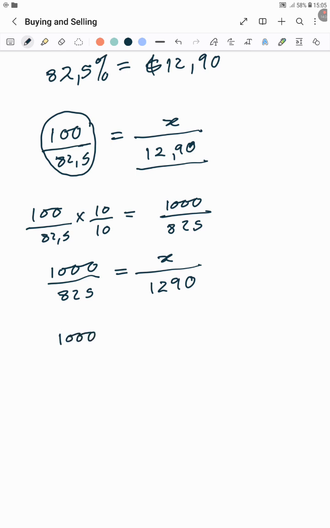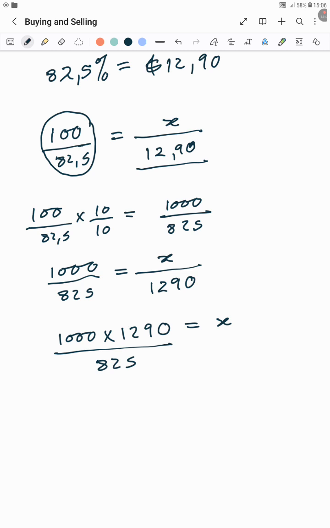So if we do cross multiplication here, 1000 is going to be multiplied by 1,290, and then it's divided by 825.